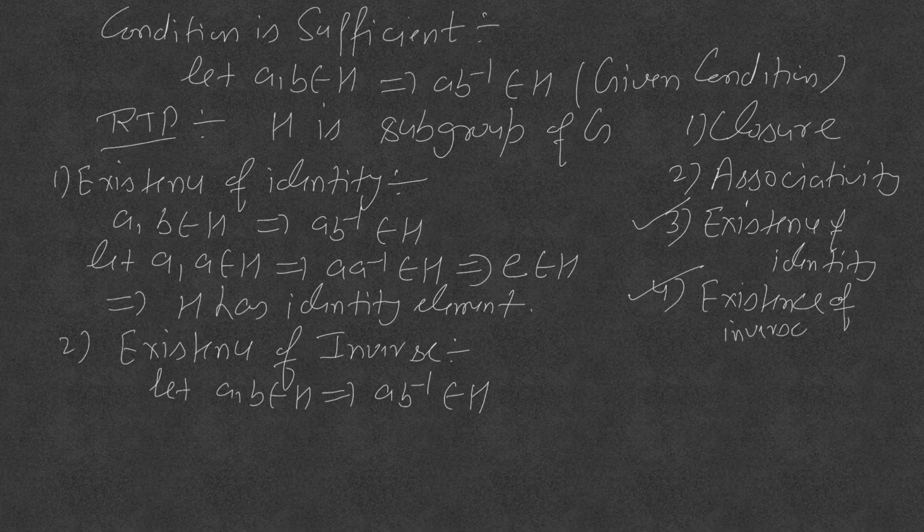So in the first place, if I take the first element A and then B belonging to H, these two elements, this implies that E B inverse belongs to H, and we know that any element multiplied with identity will give the same element as output.